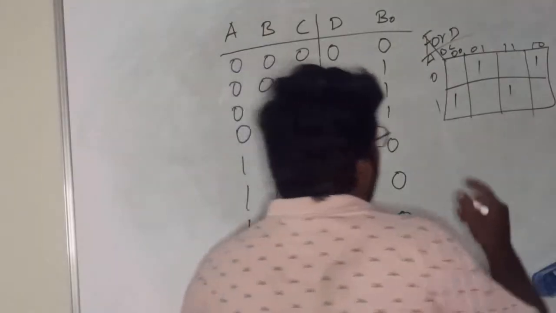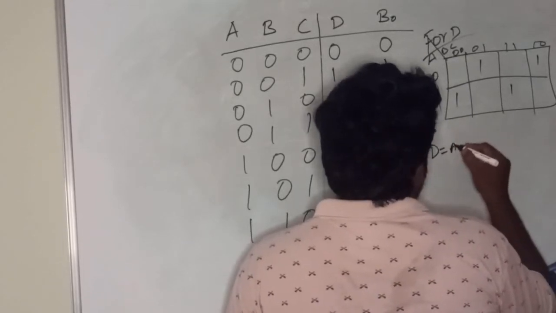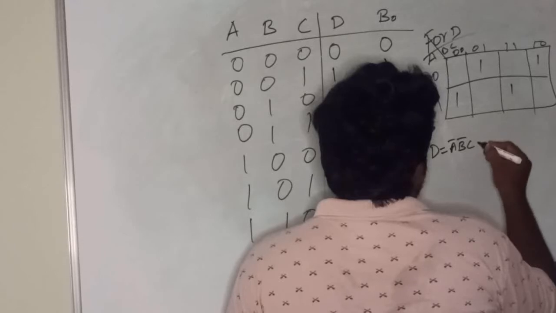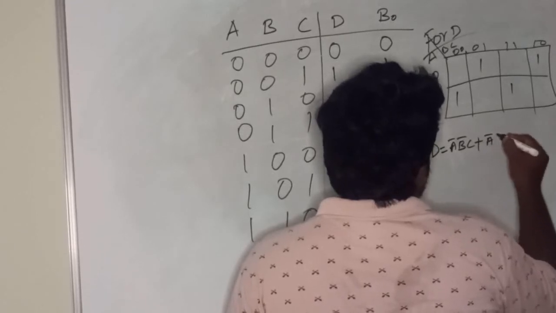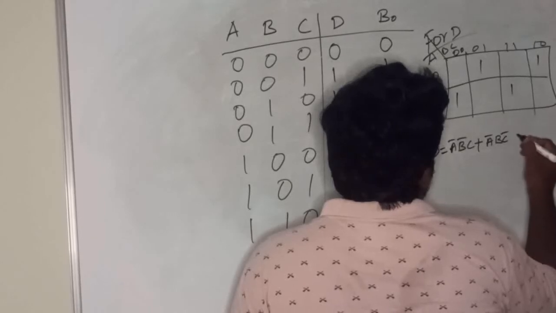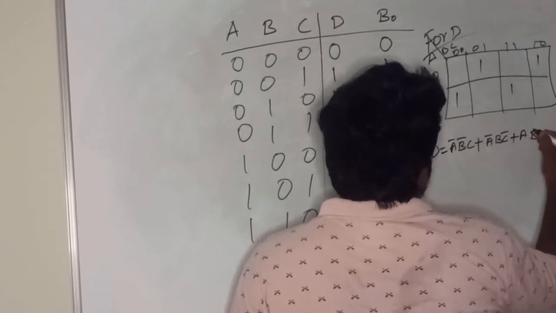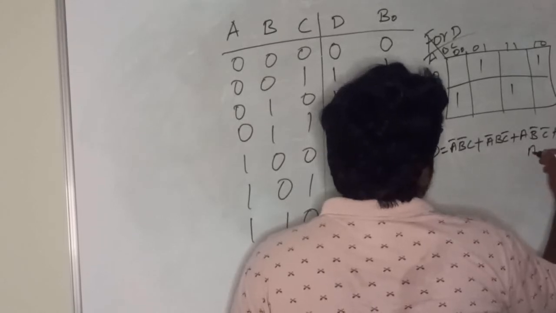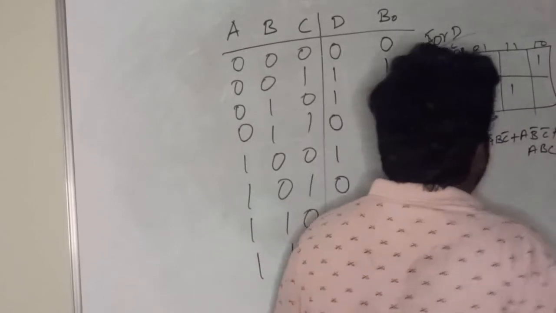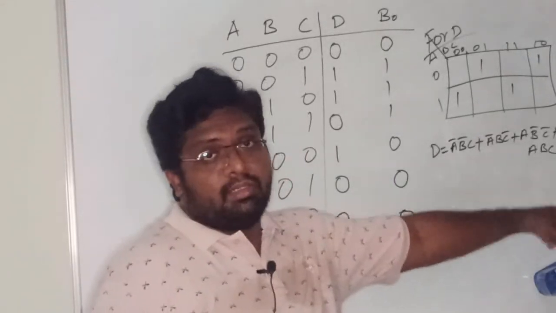So the difference D is equal to A complement B complement C plus A complement B C complement plus A B complement C complement plus A B C. So the difference is this one, right?